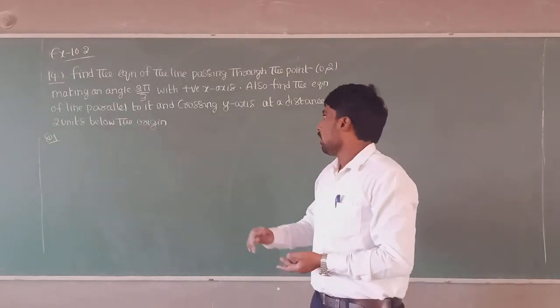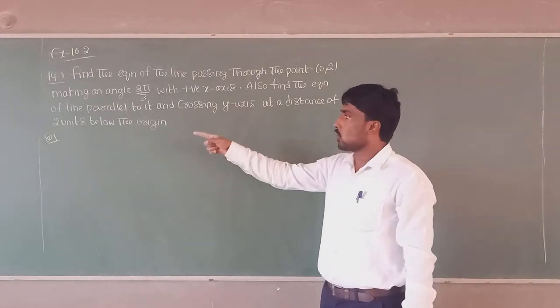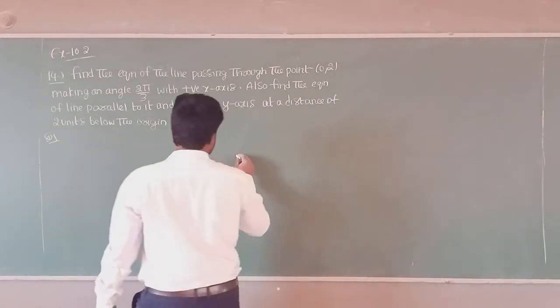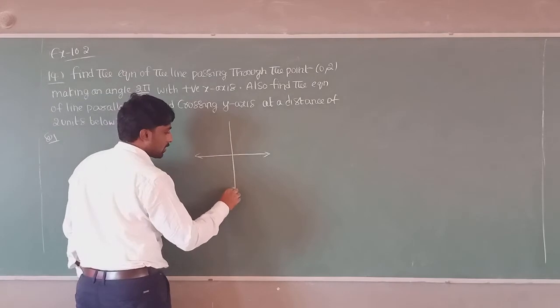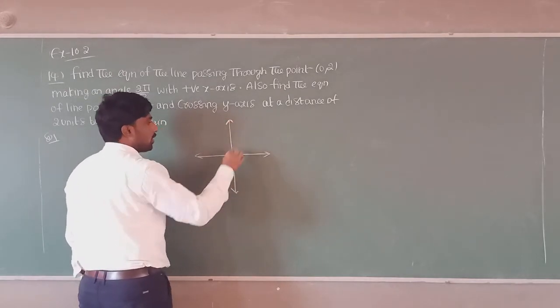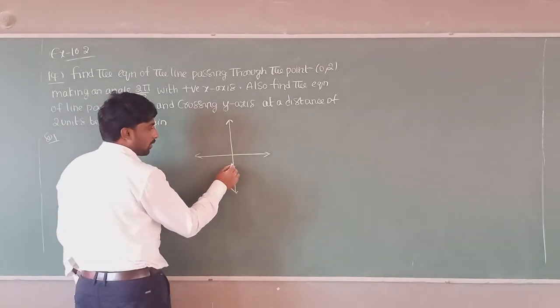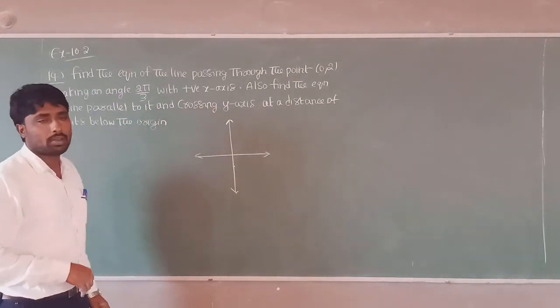Now if I take the x-axis and y-axis, 2 units below the horizon means like this. The line is cutting like this or like this. We don't know whether it is a positive slope or negative slope.